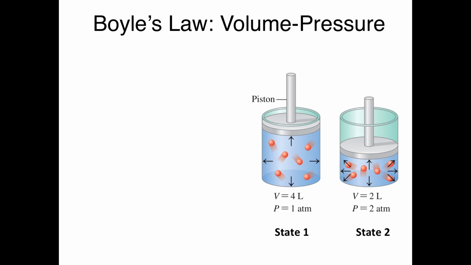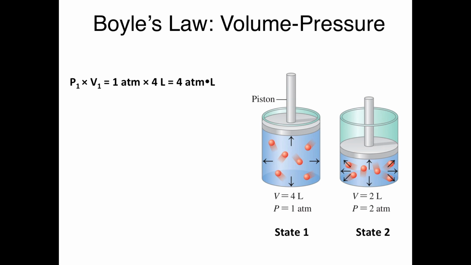Because of that, the pressure would increase, right? So that's using kinetic molecular theory. And if we were to measure this, the volume went down to 2 liters, so it went down in half, and the pressure went up by twofold to 2 atmospheres. Okay, so that's the relationship between volume and pressure.